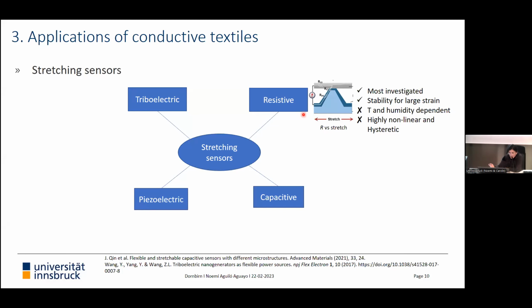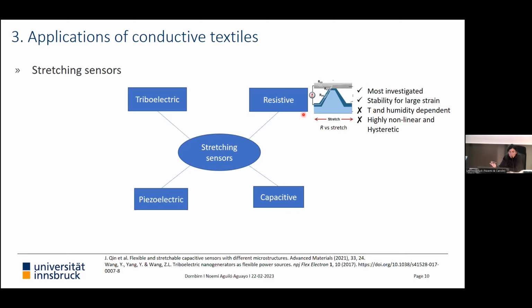And the advantage is that the responses are very stable for large strains. You can really apply a large strain and you will have a different resistance. And the problem is that they are temperature and humidity dependent. The resistance will change depending on the temperature and also depending on humidity.